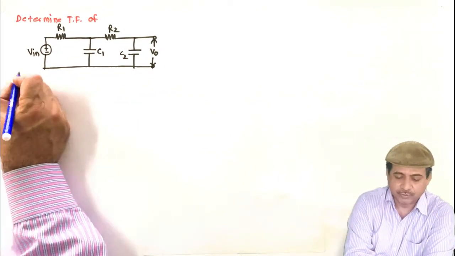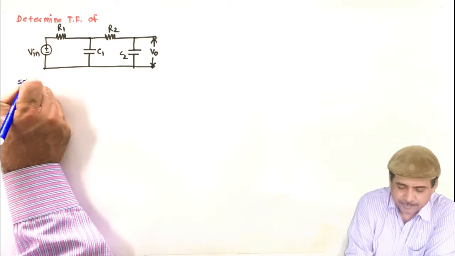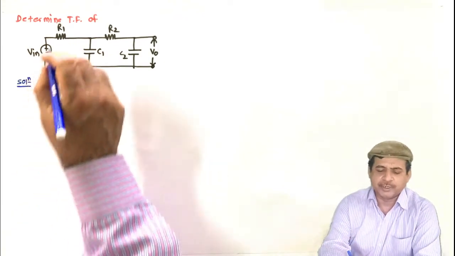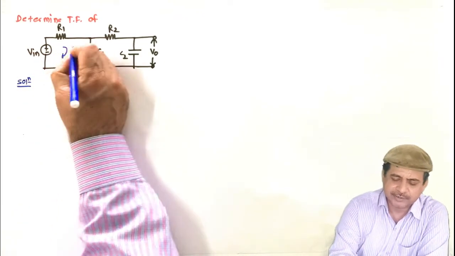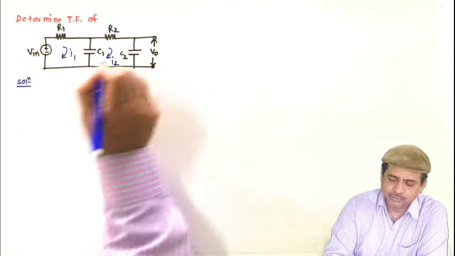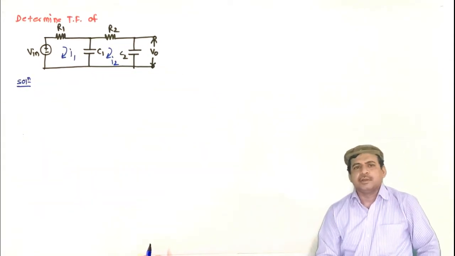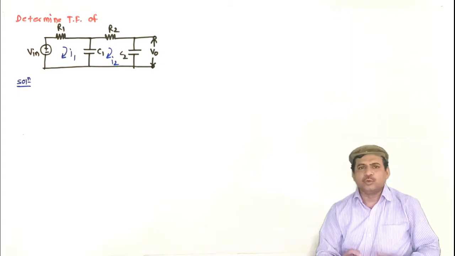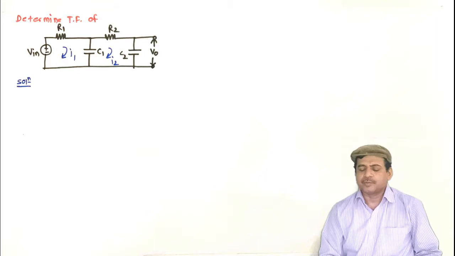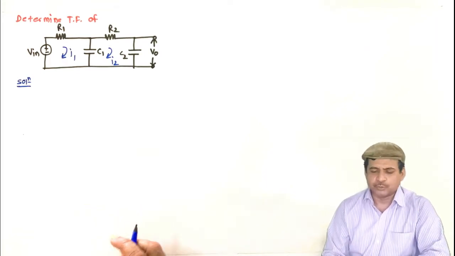Okay, let us start solving. So here first we have to define the auxiliary variables, these loop currents I1 and I2. And there are two loops, so we need to apply KVL to two loops.